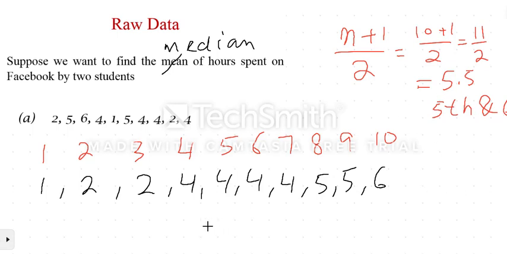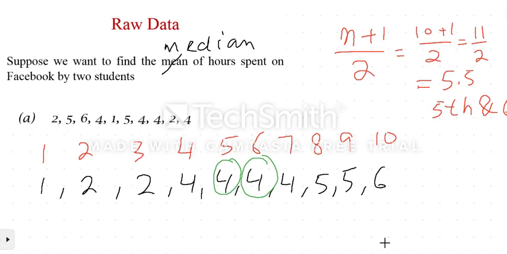So we have to find which number is in the 5th position and the 6th position. You can see here, this number is in the 5th position and the same number is also in the 6th position.